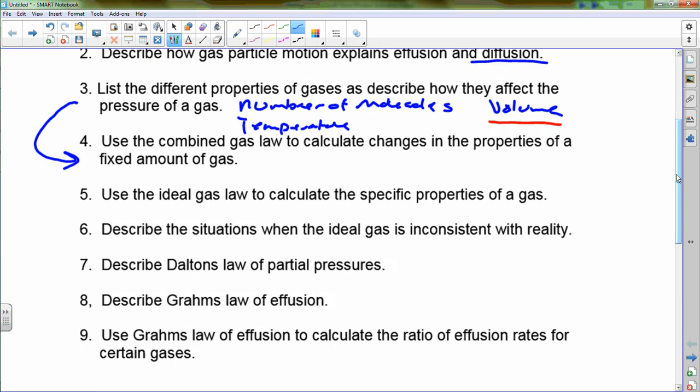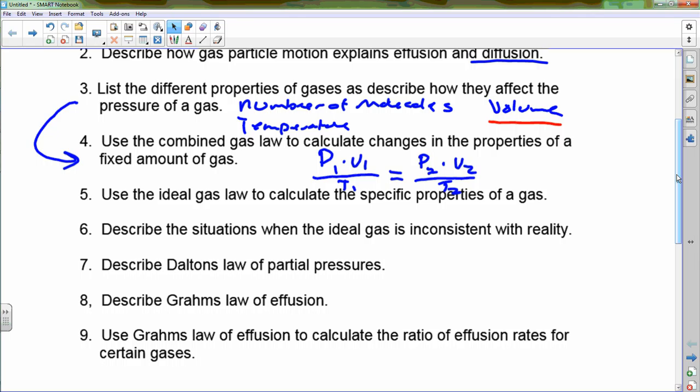Just remember, the combined gas law is P1 times V1 over T1 equals P2 times V2 over T2. You will have that equation on your constant sheet Friday, sorry.